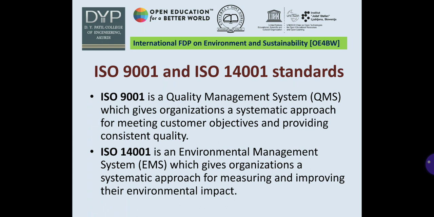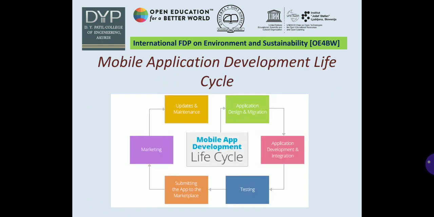It is a very systematic approach for measuring how our organization or our development process is impacting the environment. We have to measure each and every step of our development. So we will discuss the mobile application development life cycle.